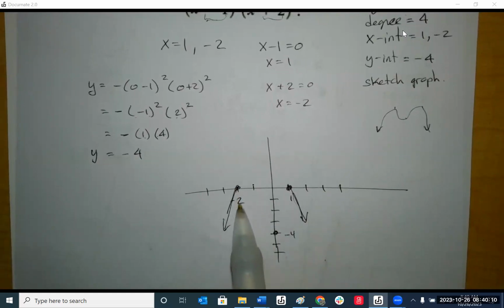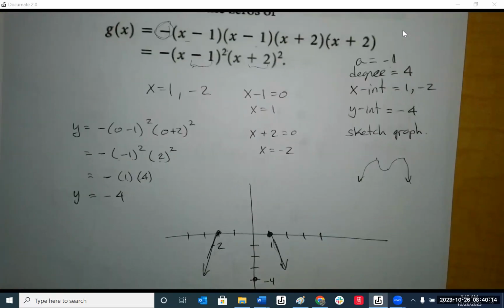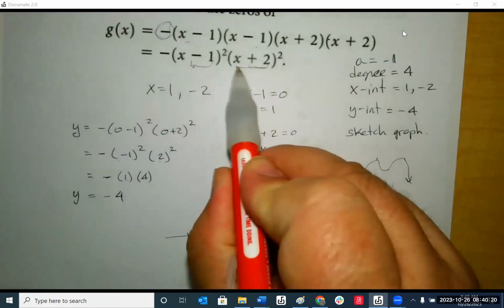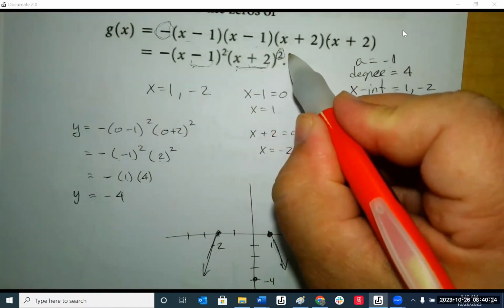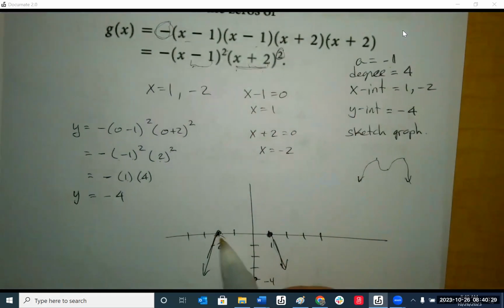So at -2, does the graph bounce or cross the x-axis? At -2, it comes from here. The multiplicity is even. If it's even, what does it do? It bounces.